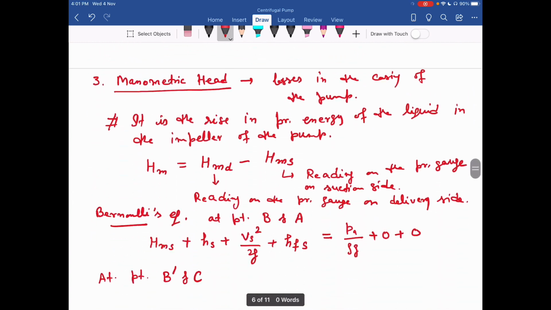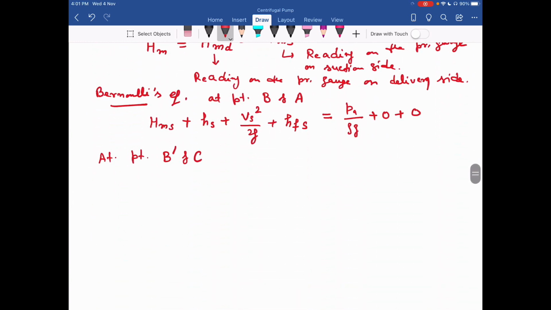Now I can write the pressure head at point B dash, that is HMD, plus the velocity head, Vd square divided by 2g, plus the bottom head.